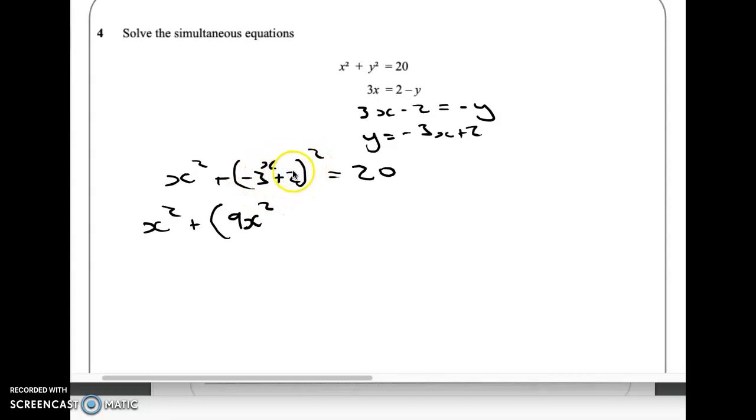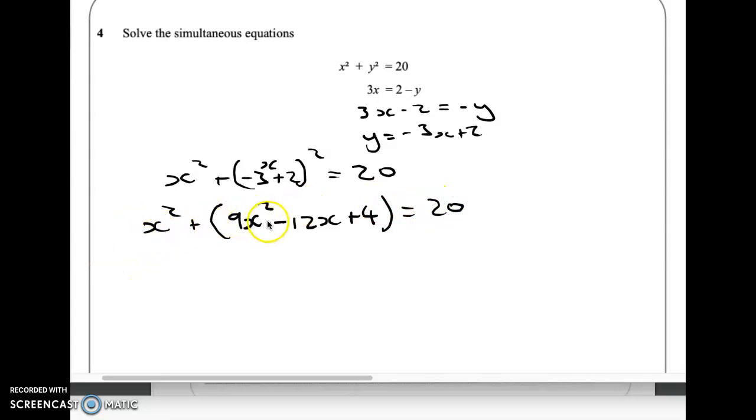Sorry, I keep making mistakes. We're going to get minus 3x times 2, which is minus 6x. We're going to get that twice, so it's going to be minus 12x. 2 times 2 is 4. That's all going to equal 20.